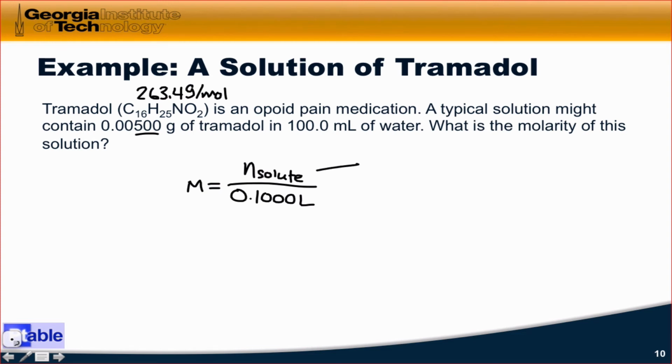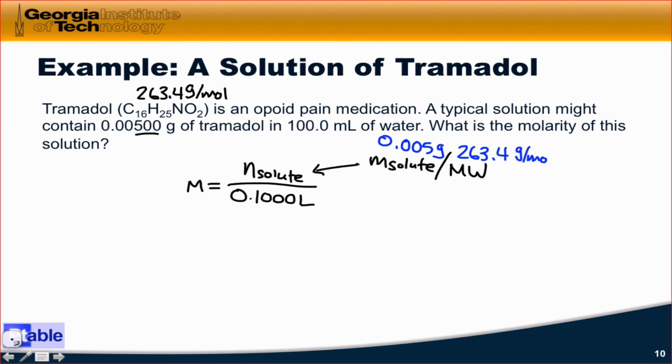Well, we need to use the mass of solute, which is given here, and divide by its molar mass or molecular weight, MW. So we take the 0.005 grams, I'll leave off the insignificant zeros here just to keep things simple, and divide by the molecular weight, 263.4 grams per mole.